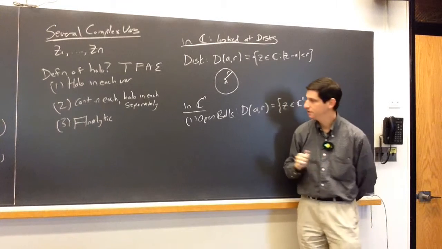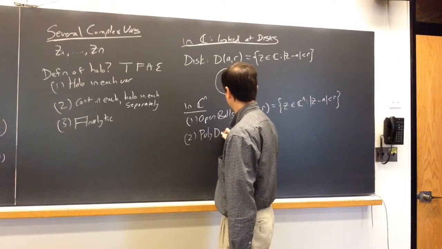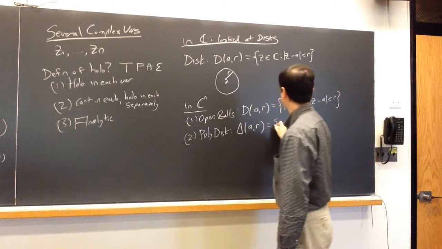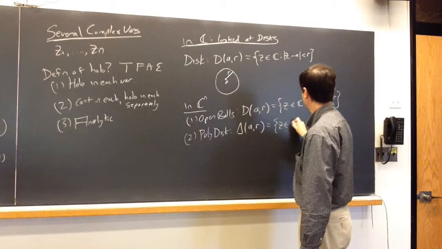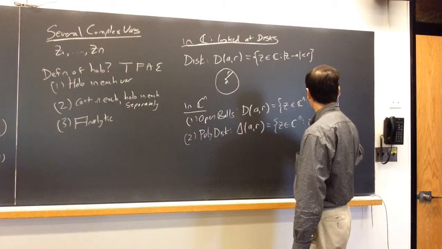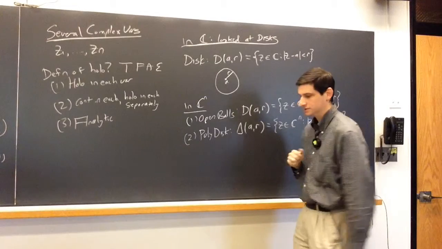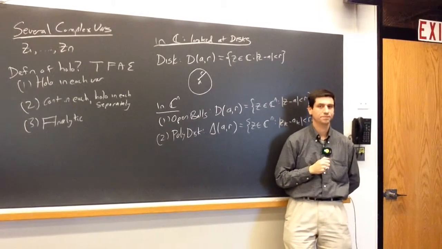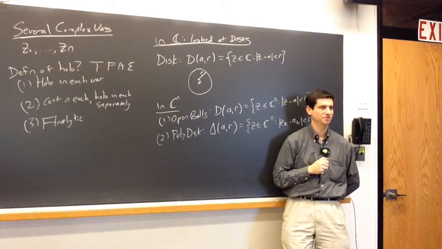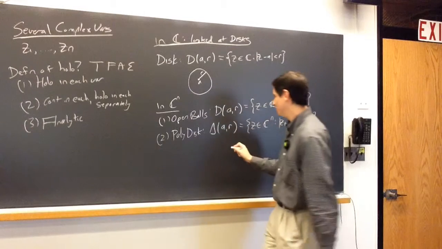There's another definition called the polydisk. It's denoted delta of a and r, and it's the set of all z in Cn where the absolute value of zk minus ak is less than rk. What does the polydisk look like? A Cartesian product of disks.